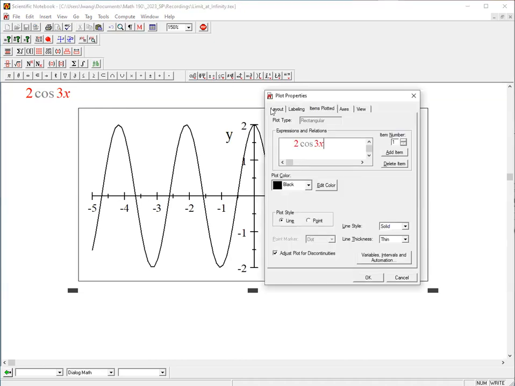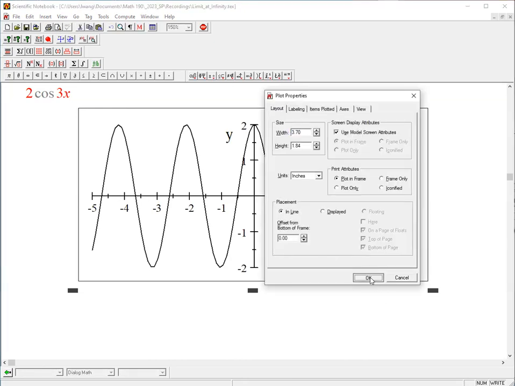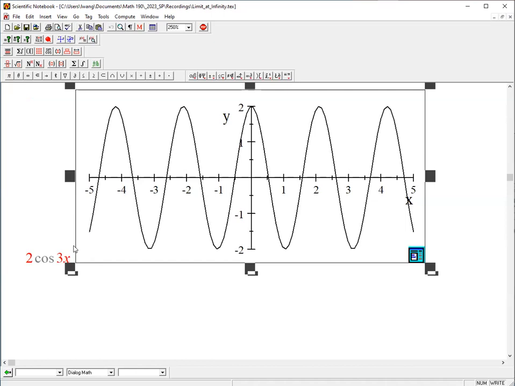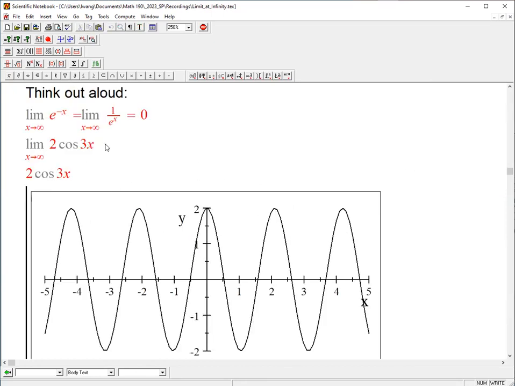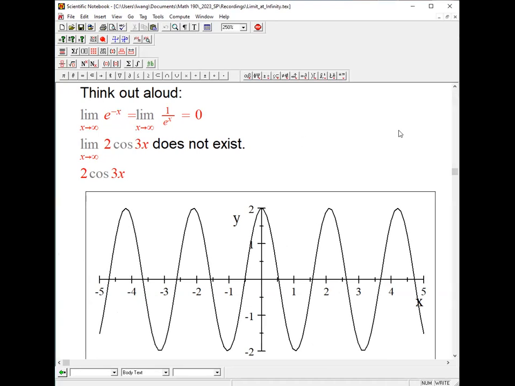So this limit does not exist. As a result, the limit law does not apply, so you cannot take limits separately.